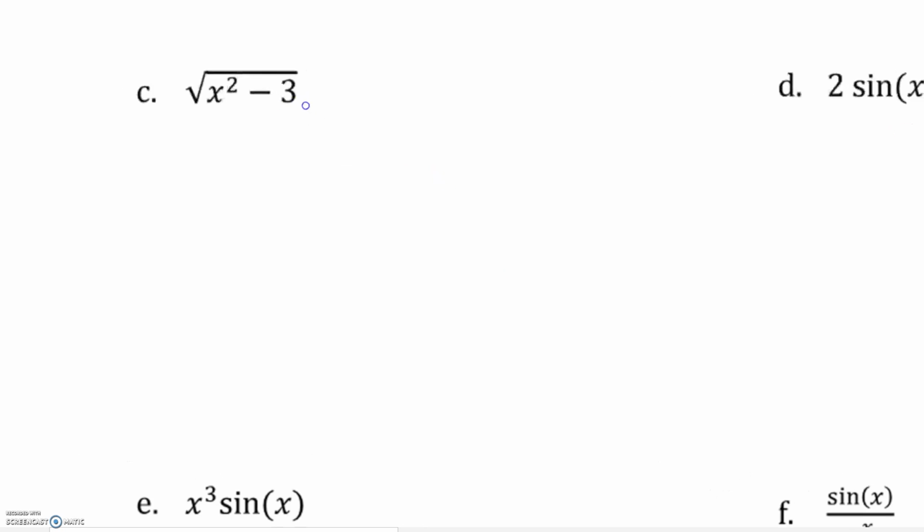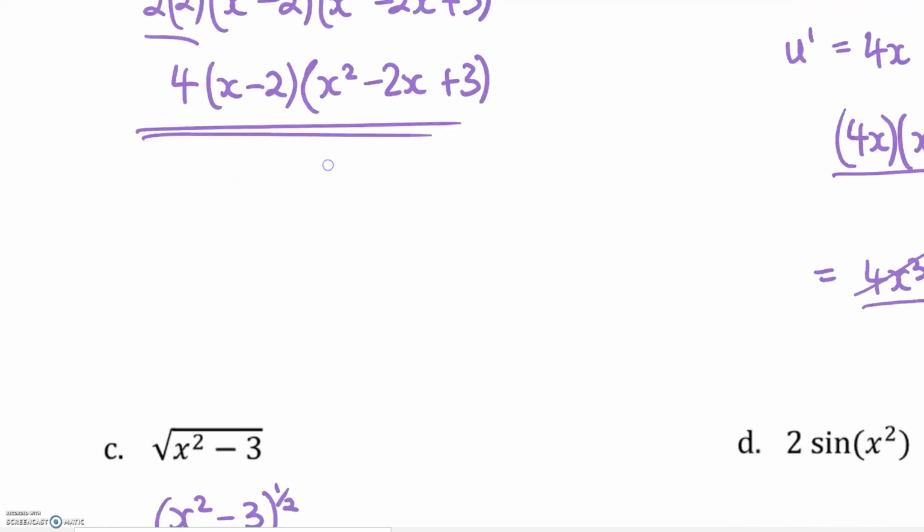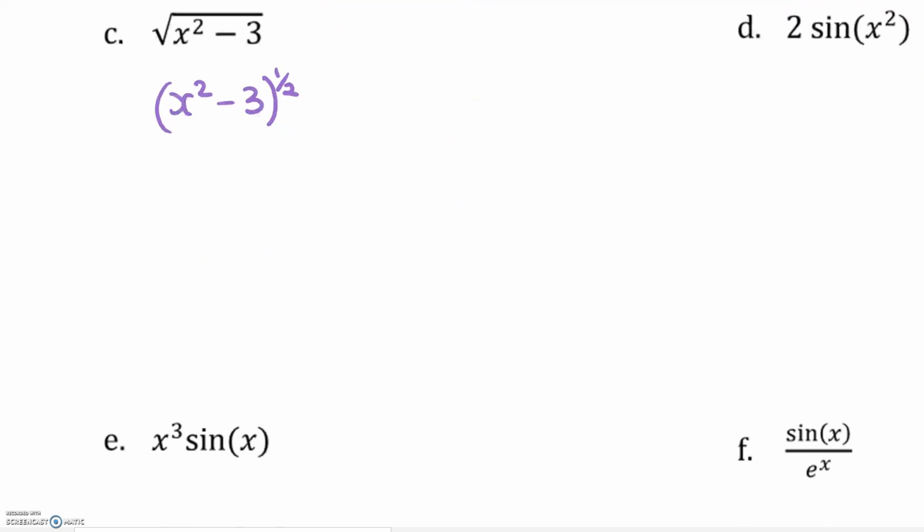Moving on. So this one here, the main difficulty with this is recognizing that square root is equal to the power of a half. Once you've got that, the rest's pretty easy, just like this one above that we had here, this part A. So I'm just going to do a half times by the differential of the bracket, which is 2x, times by the original bracket, which is x squared, take 3, take 1 off the power, which is negative a half.